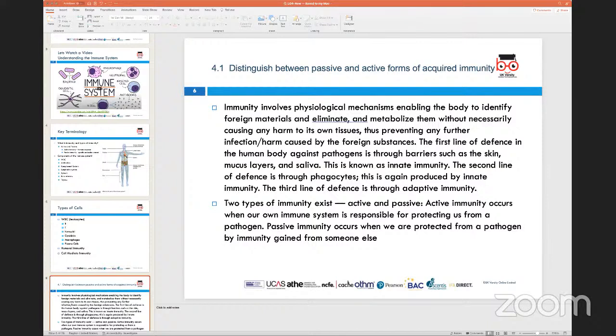Active immunity is achieved through the body's production of antibodies in response to pathogen exposure and offers long-term protection, whereas passive immunity needs to be boosted, or sometimes you say booster doses have to be provided, which involve the transfer of antibodies, and the vaccination uses the process of injecting antibodies that would provide temporary protection against the specific pathogen if the body gets infected by that specific type of pathogen.